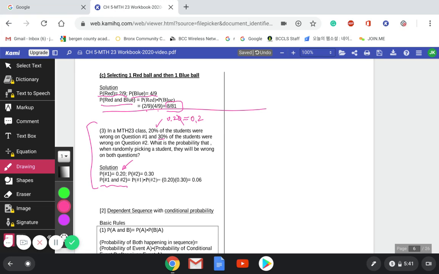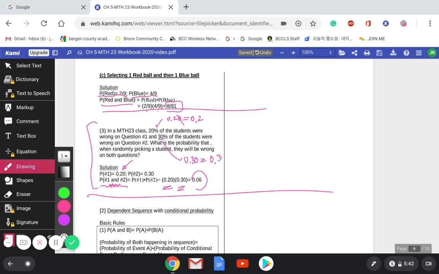And the probability that you will get question number 2 wrong is 0.30, a lot of times called 0.3. So the probability of getting both 1 and 2 wrong would be 0.2 times 0.3, which is 0.06. So that's how you find the probability of multiple events which are independent.